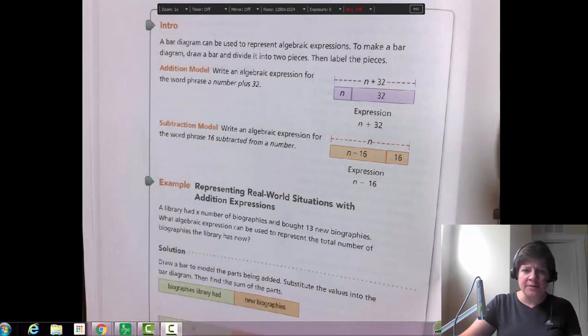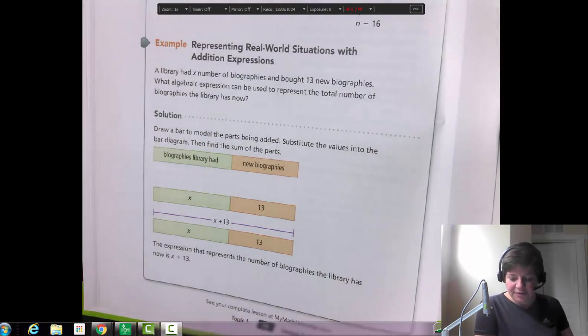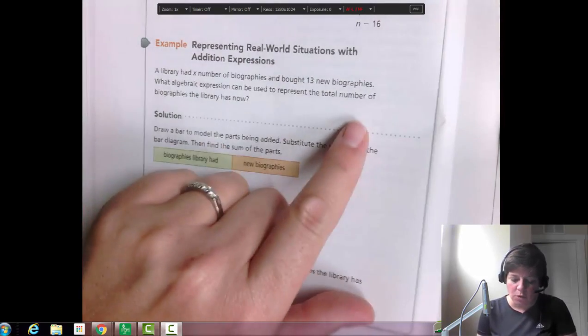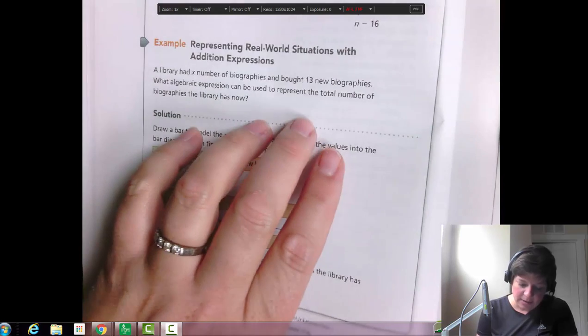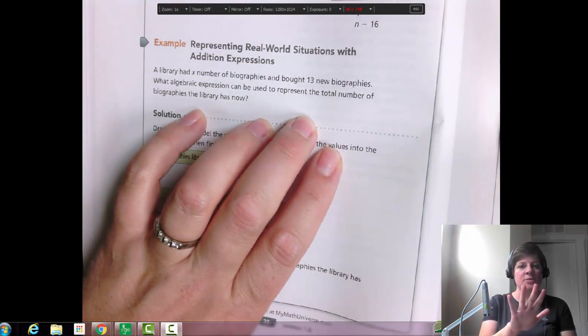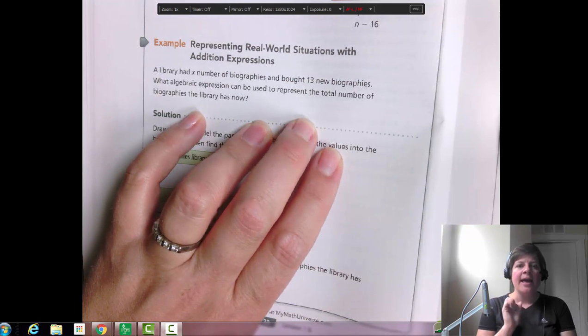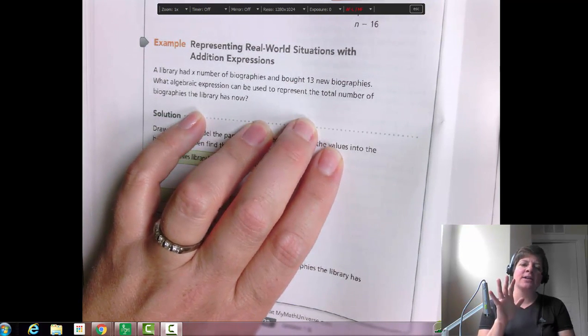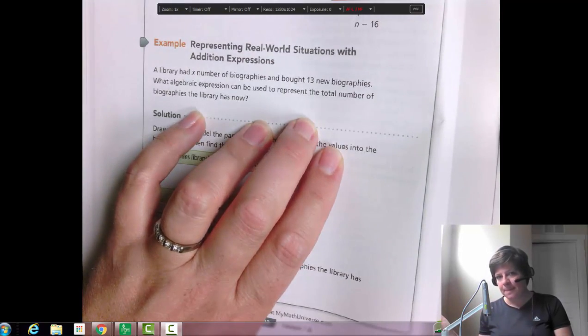All right, let's do another example down here. A library had X number of bibliographies and bought 13 new bibliographies. What algebraic expression can be used to represent the total number of bibliographies the library has now? Okay, so we have X, right, number, and then we bought 13 more. What mathematical operation are we using? Add, subtract, multiply, divide?